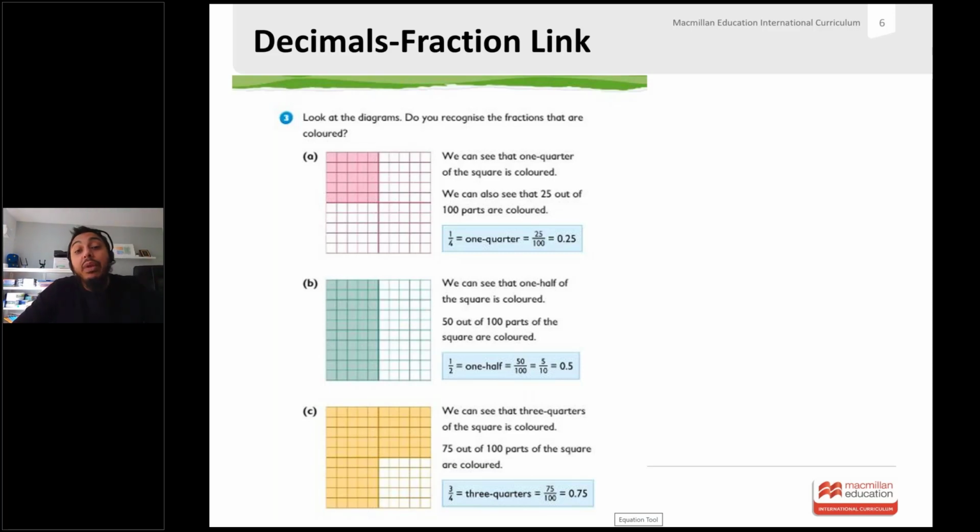We've made a quarter into something out of 100, and that way we can easily work out what the decimal equivalent is. So I'm going to give you 30 seconds just to digest that. And if you have any questions, just throw them at me so that I can also go through reading your solutions.